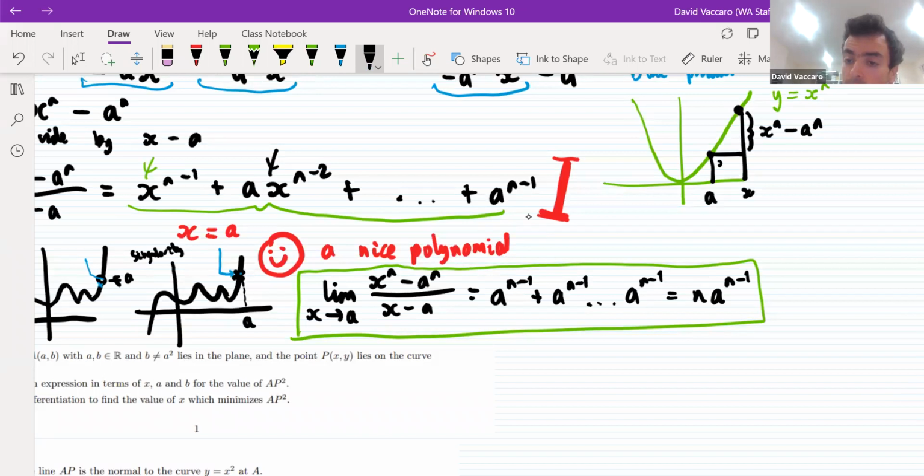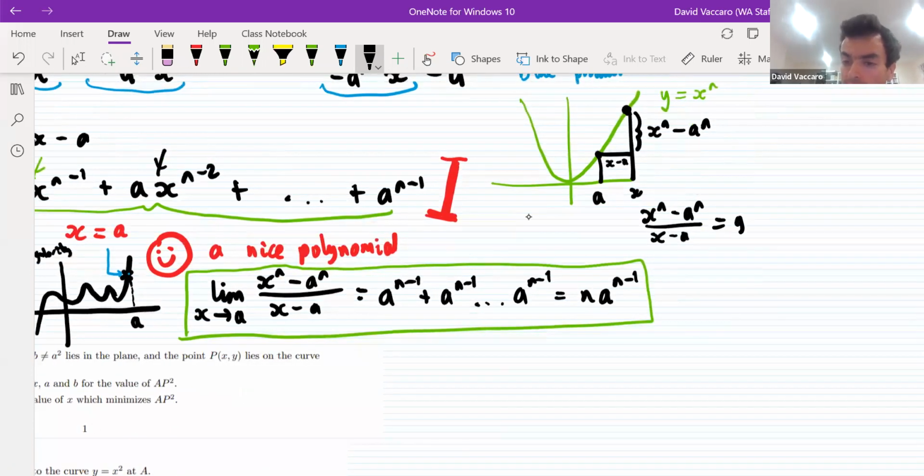This run between the two points is x minus a. So this x to the n minus a to the n over x minus a is equal to the gradient of the chord.